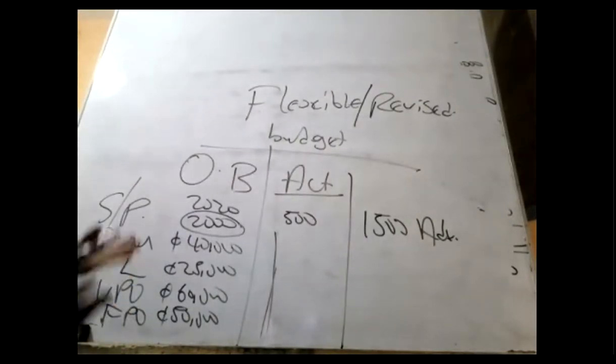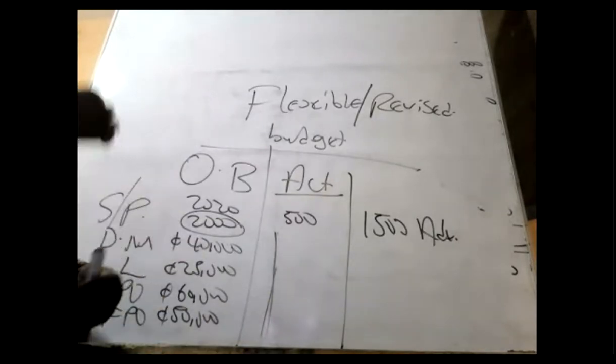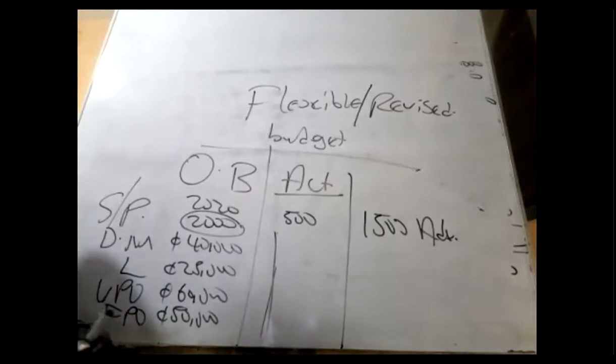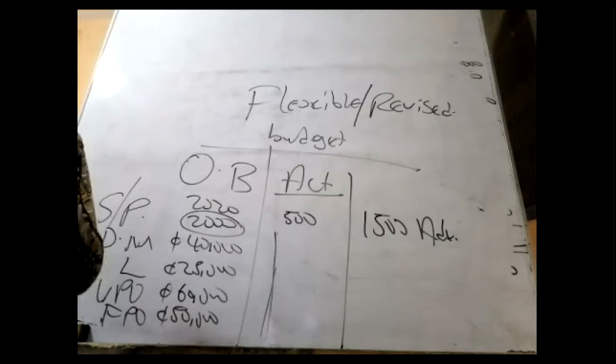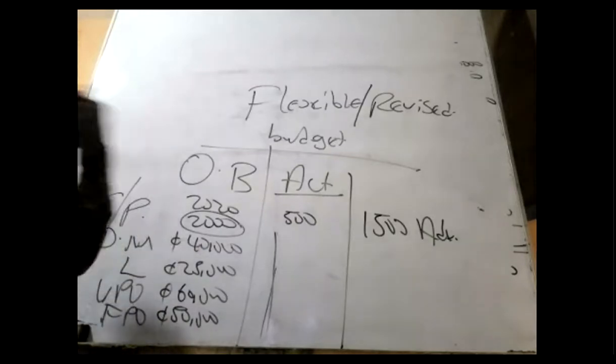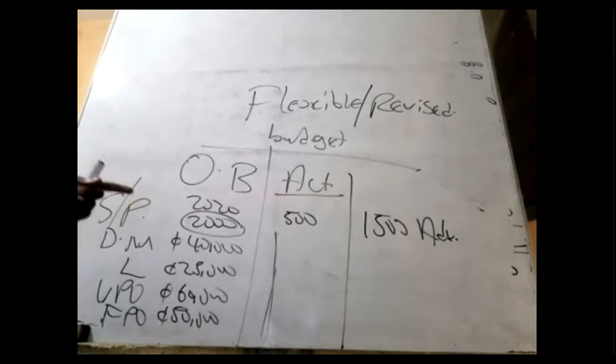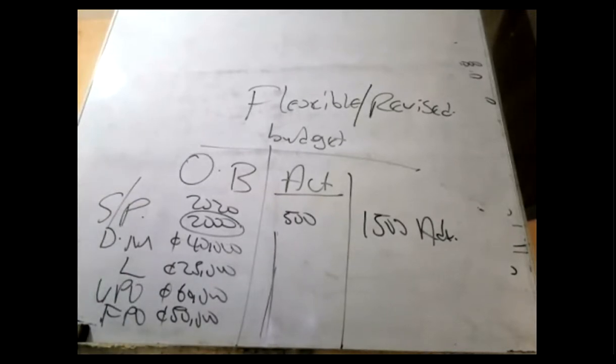So what do we do? We need to flex the budget, or revise the original budget, to suit the current situation. Mr. Examiner, flexible or revised budgets are budgets I prepare to reflect the current condition, to take the current condition into consideration. It shows how the original budget will look in the current situation.